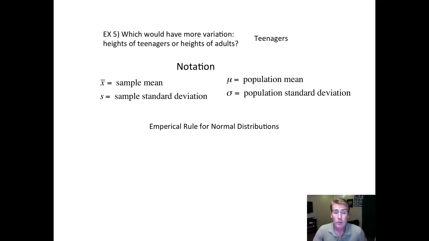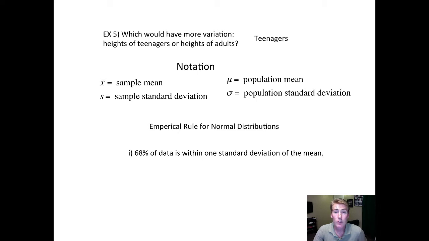Now the empirical rule, so this is one way that we use standard deviation. A normal distribution is a bell-shaped curve, and if you take the mean and add 1 standard deviation, take the mean and subtract 1 standard deviation, that's what this means, within 1 standard deviation. So in the bell-shaped curve, the mean would be in the middle, 68% is within 1 standard deviation.